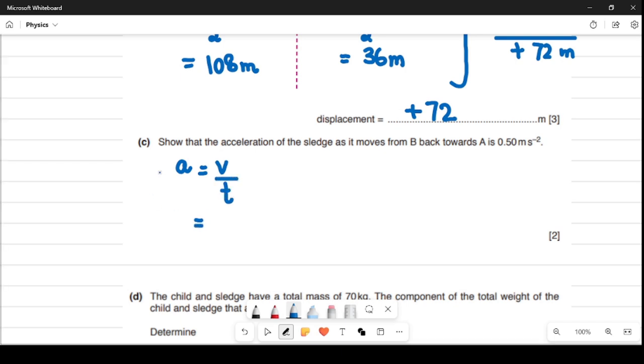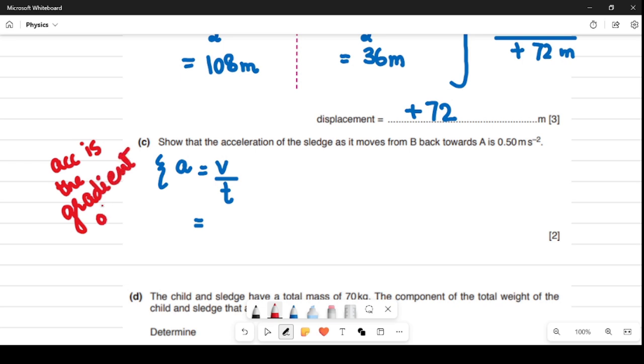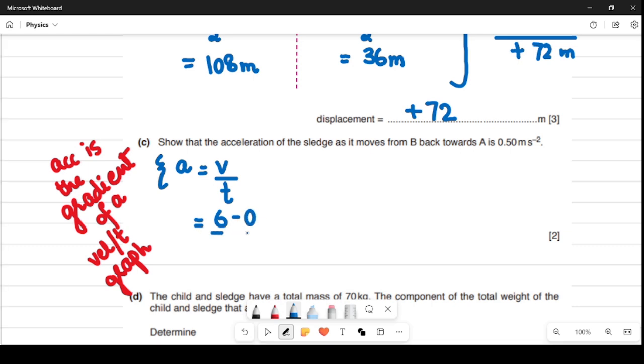So you will be calculating the gradient of a velocity time graph. Right, so our values will be from B back towards A. For velocity we know it was 6 minus 0, and for time we know it's 24 minus 12.